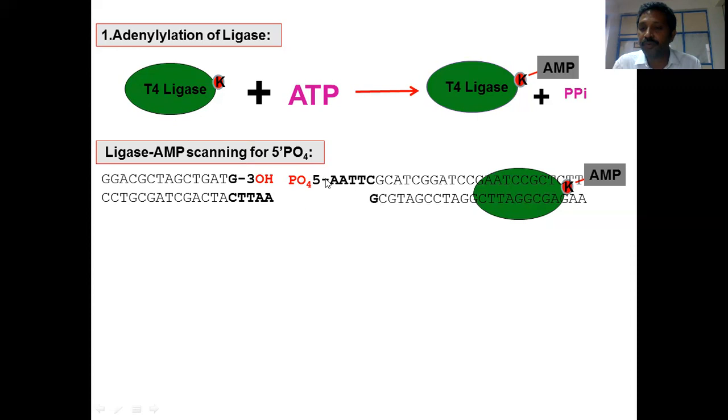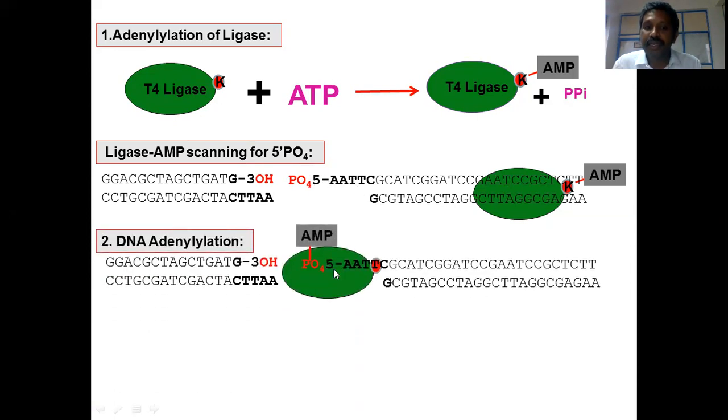Once it forms the stable complex, the DNA is getting adenylated. The AMP molecule is now transferred to the 5' phosphate. This is nothing but DNA adenylation. Once the 5' phosphate is adenylated, the ligase molecule looks for a 3' OH in that vicinity.